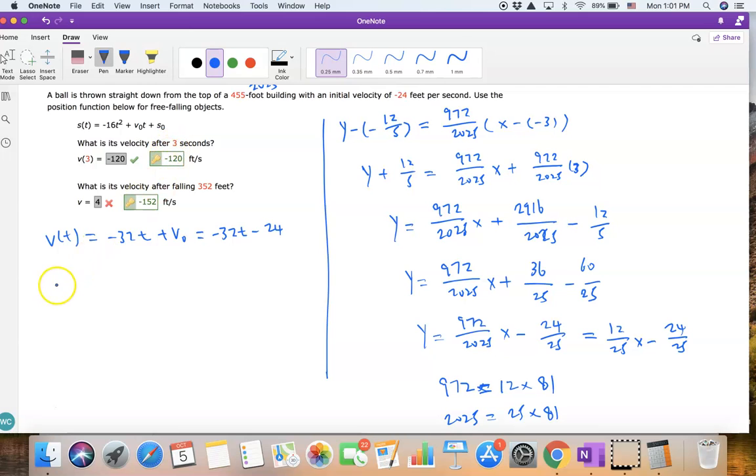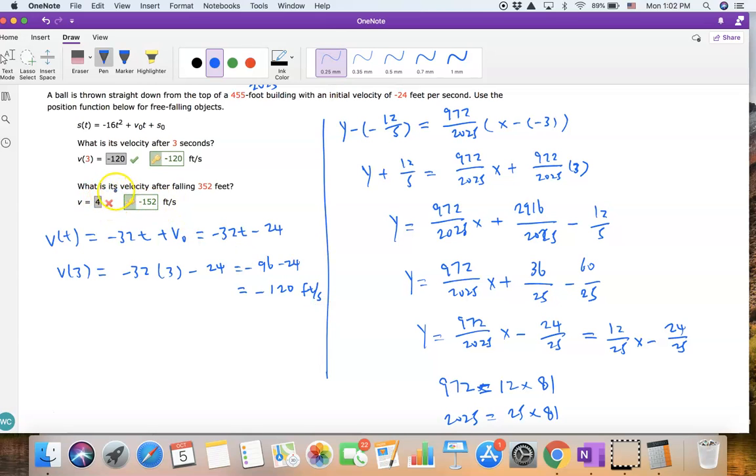Therefore, the velocity after 3 seconds, we substitute 3 for t: negative 32 times 3 minus 24, so negative 96 minus 24. That's negative 120 feet per second.